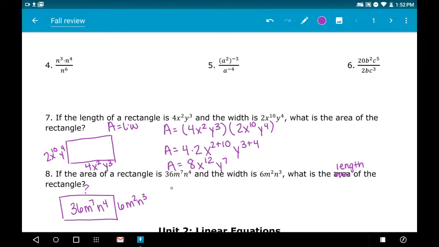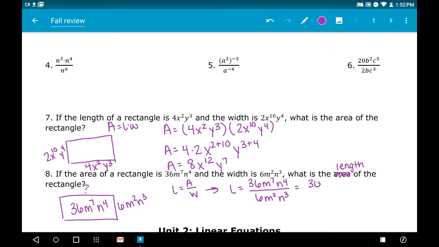So to find the length, it's area divided by the width. So when we plug this in, we get L equals, so the length equals 36 m to the 7th n to the 4th. Then we divide that by the width that they gave us, which was 6 m squared n to the 3rd.